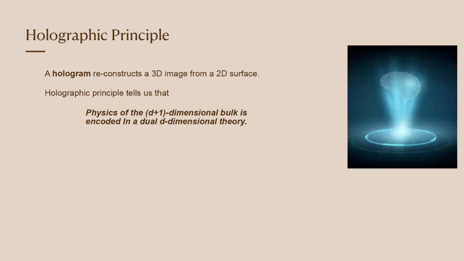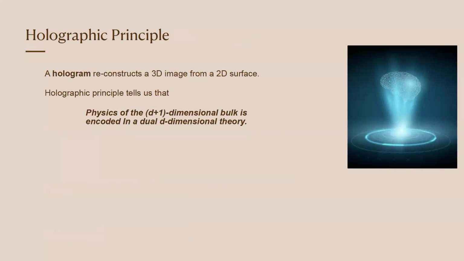Okay, now, so I'm slowly connecting all the ingredients. So coming to the holographic principle. We all know what a hologram is. A hologram reconstructs a three-dimensional image from a two-dimensional surface. Okay? So the holographic principle tells us that the physics of the d+1 dimensional bulk is encoded in a dual d-dimensional theory.